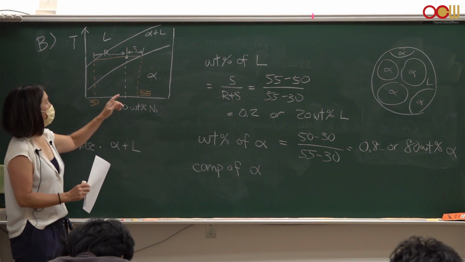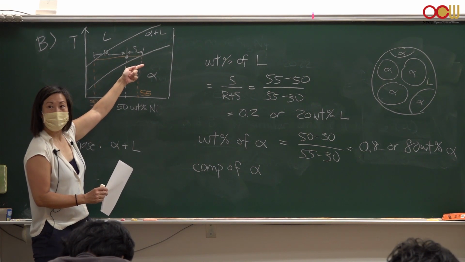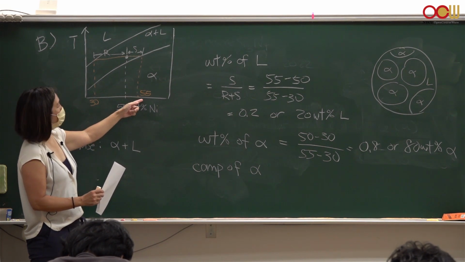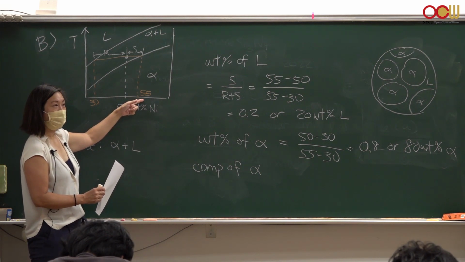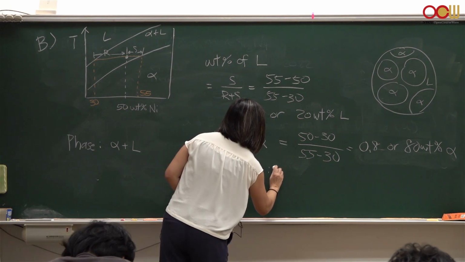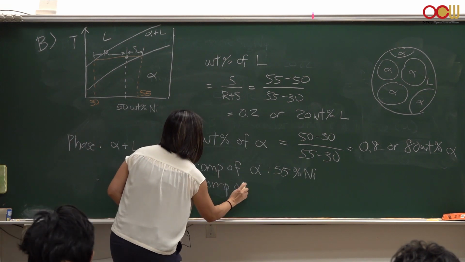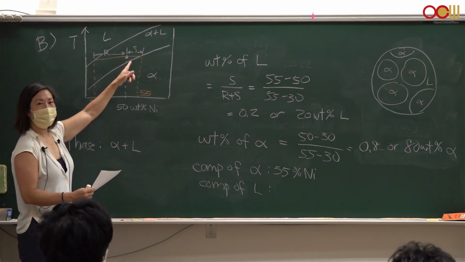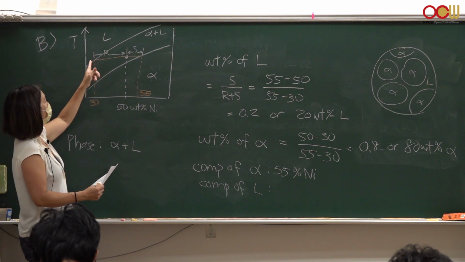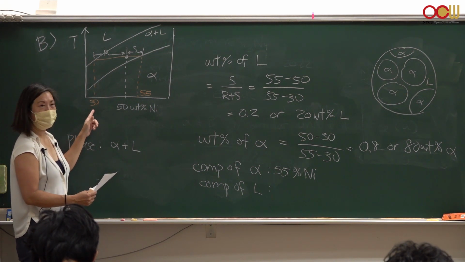It is the composition of where that line meets the solidus. So the composition would be 55% nickel and 45% copper. And the composition of the liquid at point B would be the composition where that line meets the liquidus. So it is 30% nickel and 70% copper.